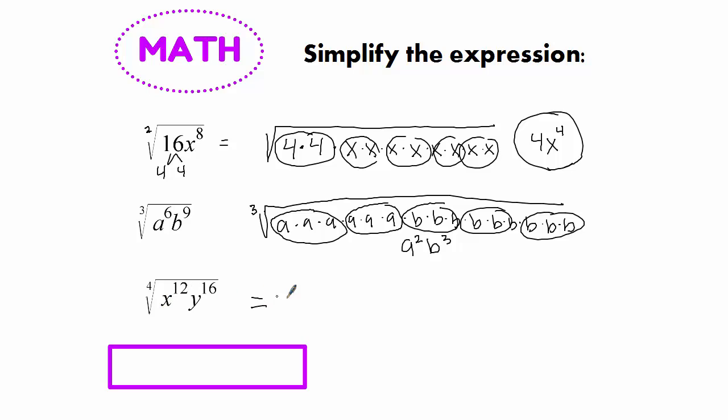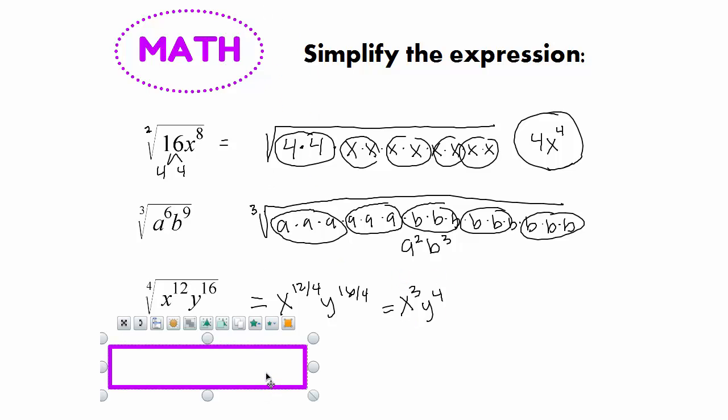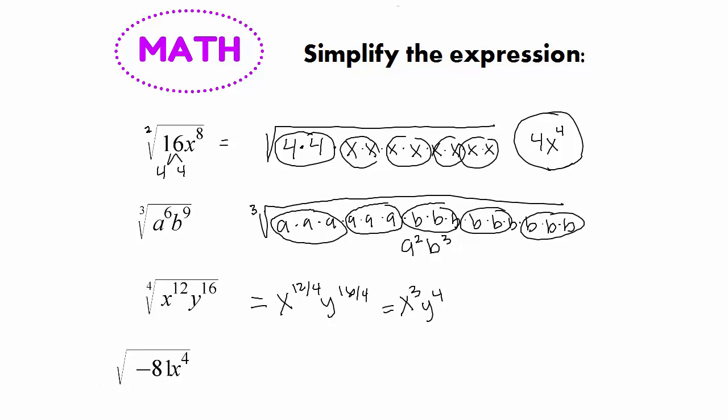That would take forever. So I'm going to do x, 12 divided by 4, since 4 is my index, y, 16 divided by 4, and then 12 divided by 4 is 3, 16 divided by 4 is 4, so again, that is my answer for that one. And then the last example I'm going to do is this one right here.